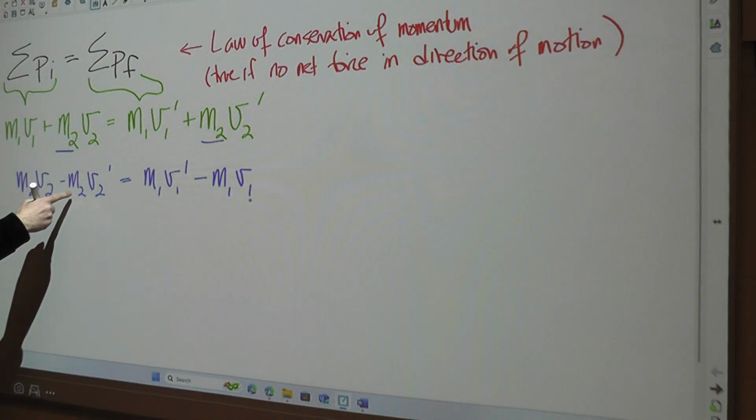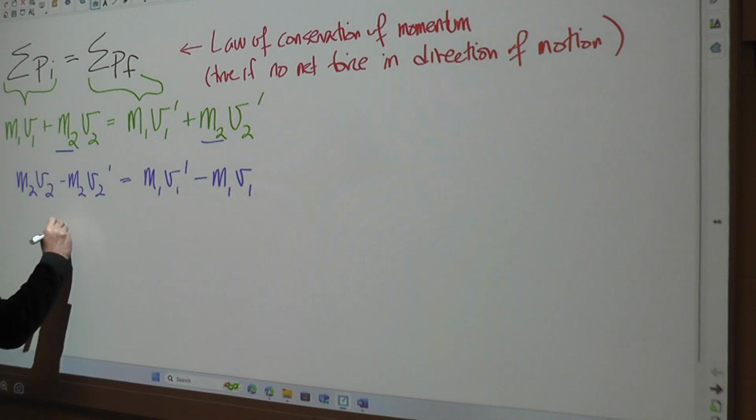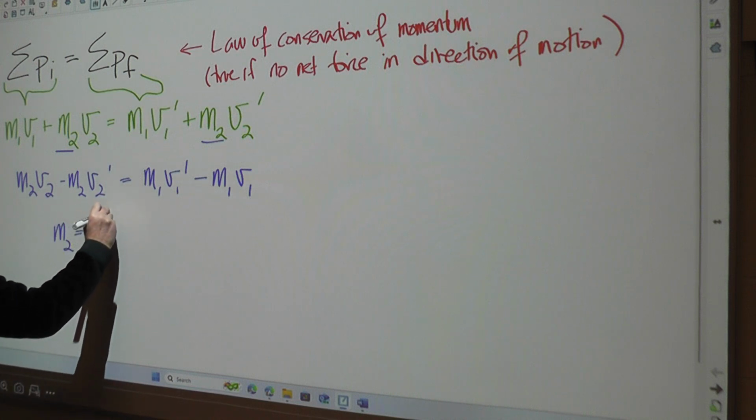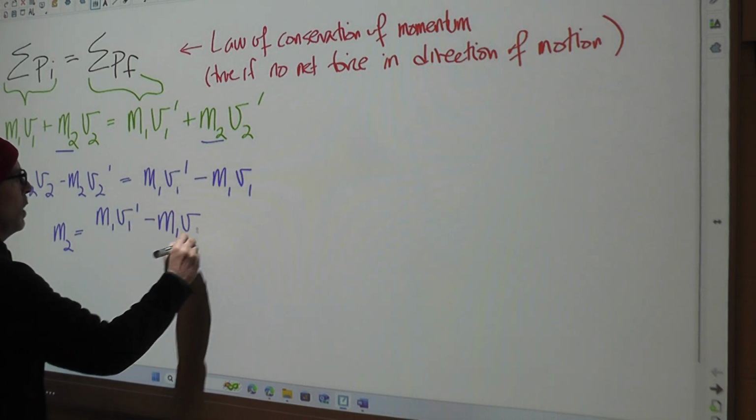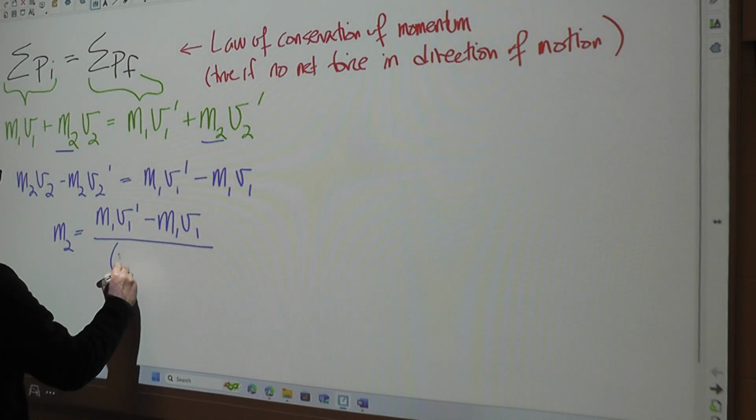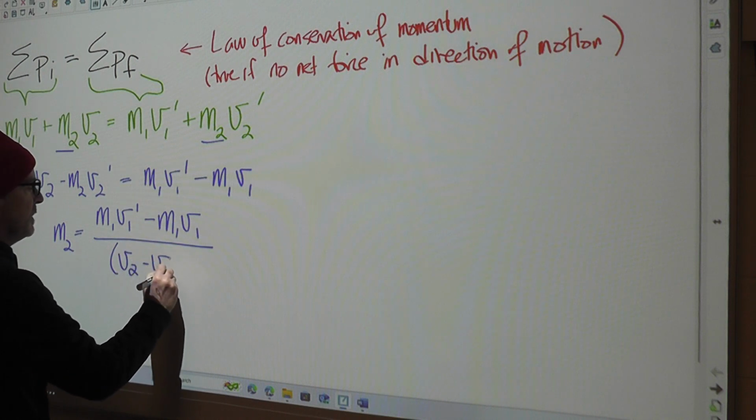And then I factor out M2, divide by V2 minus V2 prime, and I get that my second mass should be equal to M1 V1 prime minus M1 V1, all divided by V2 minus V2 prime.